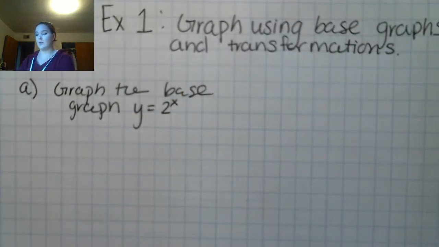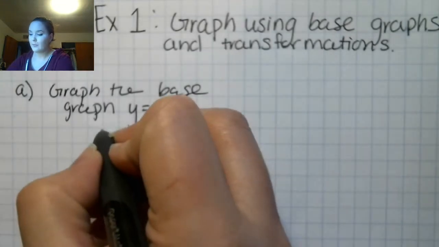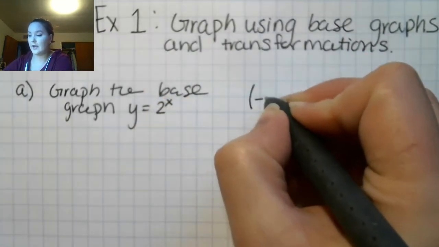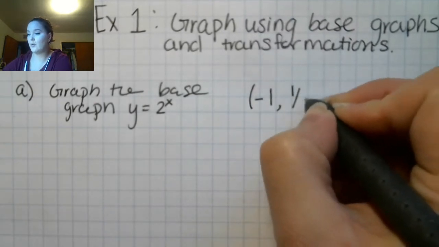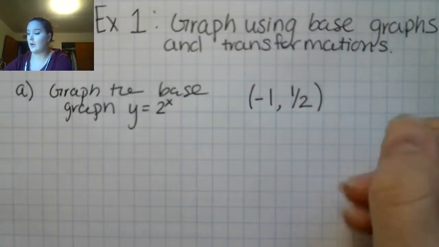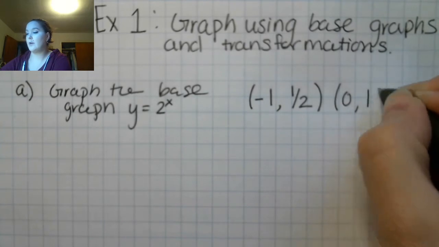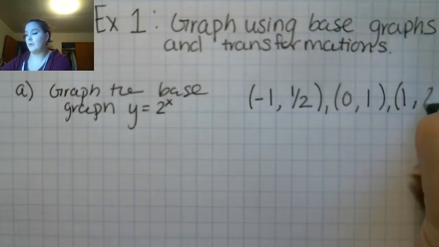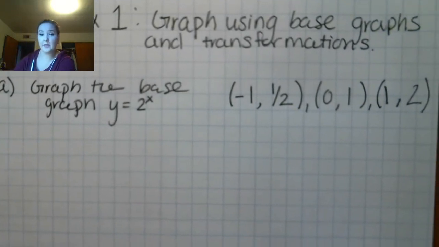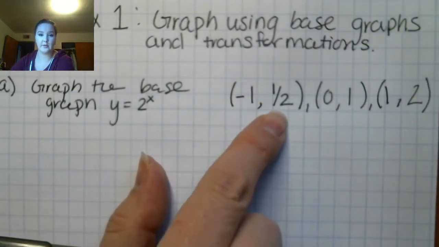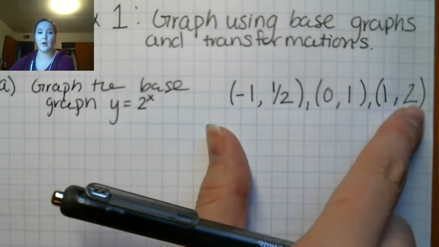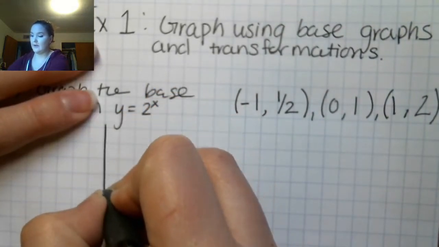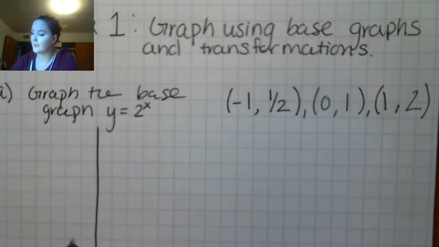Our key points are going to be -1, 1 over the base, 0, 1, and 1 comma base. Since the base here is 2, this is 1 over the base, 0, 1, and then 1 comma base.